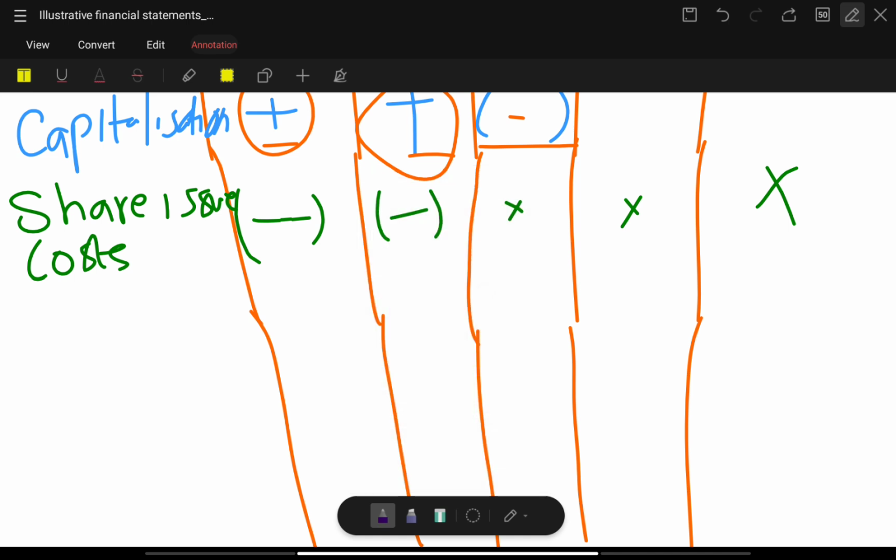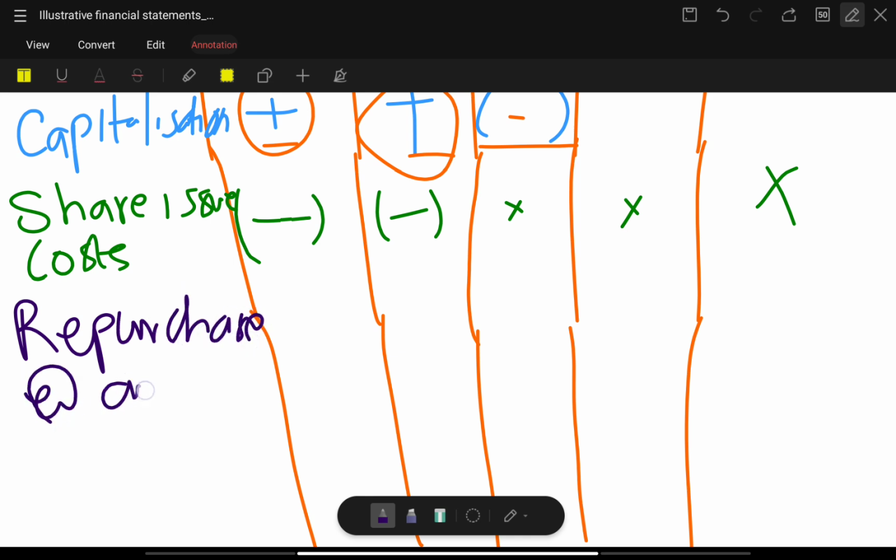The other one that you should focus on is repurchase. Repurchase of shares will always work on the share capital, ordinary share capital. You would subtract those shares at the average price. Does it make sense?